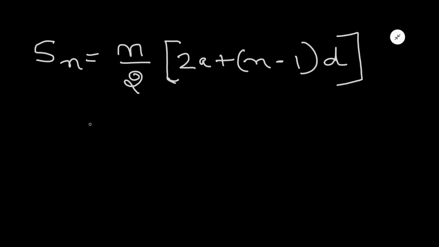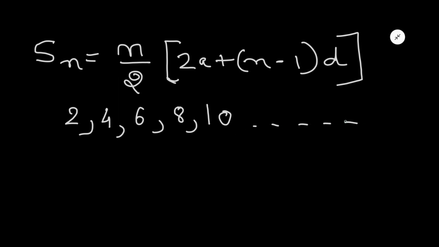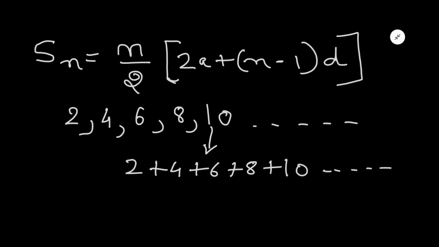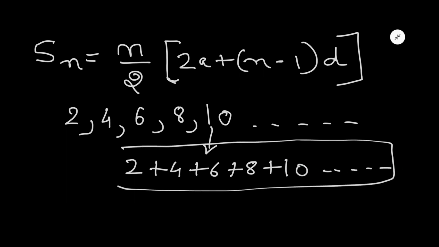For example, if there is an arithmetic progression, let's say 2, 4, 6, 8, 10, and if we have to calculate the sum of all the terms of this AP, that is 2 plus 4 plus 6 plus 8 plus 10, it will be really difficult to add all these terms.